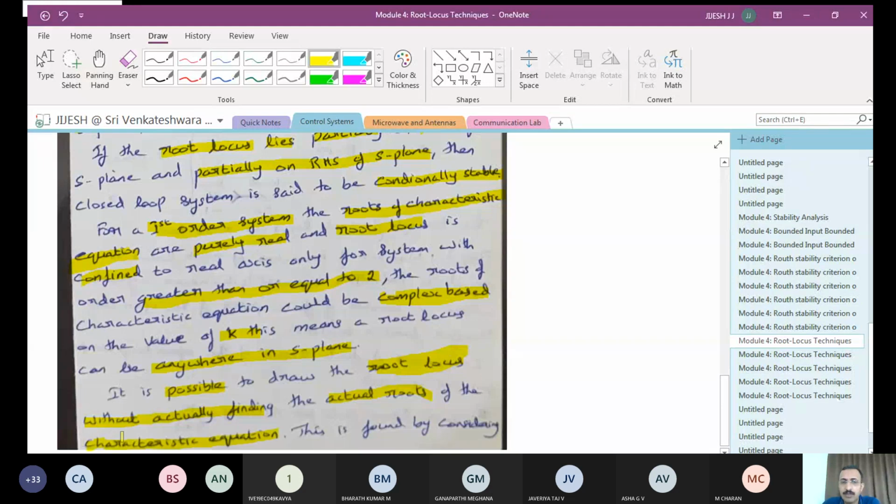But whenever we are doing problems, in most cases we will be finding the roots of the characteristic equation and plotting them. But it's also possible to draw the root locus without actually finding the roots. How it is done we will see next. First we complete this part, then we will go to the continuation of that.